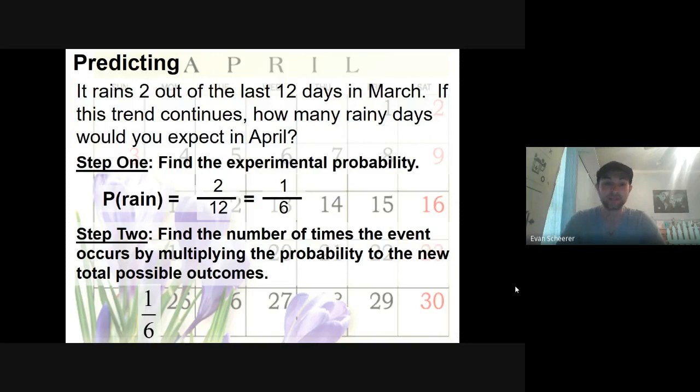So if it rains once every 6 days, it rains twice every 12 days, 3 times every 18 days, 4 times every 24 days, and so on. Or you could do 1/6 times 30. Well, 1 over 6 times 30 is 5. And remember, we got the number 30 because there's 30 days in April. So each day has a 1/6 chance of raining. So 1/6 chance times the 30 days is 5. So you expect 5 days.